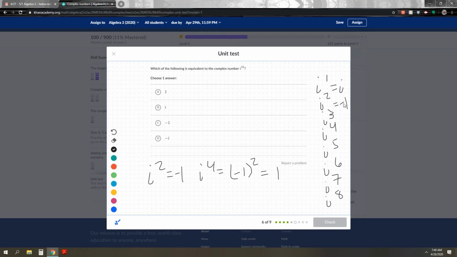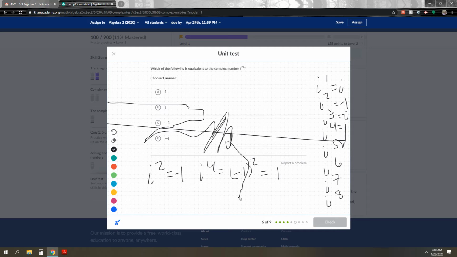This is -1. -1 times i is negative i. Negative i times i would give me +1. I to the 5th would be 1 times i, so this is just i again.